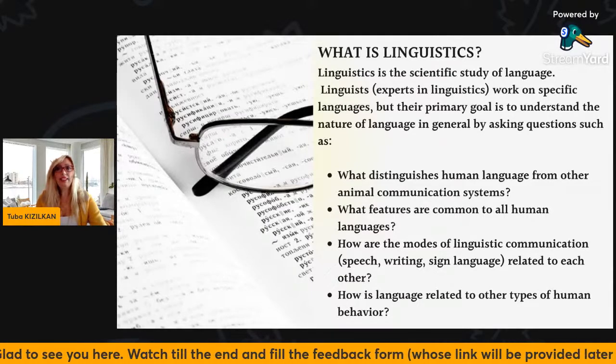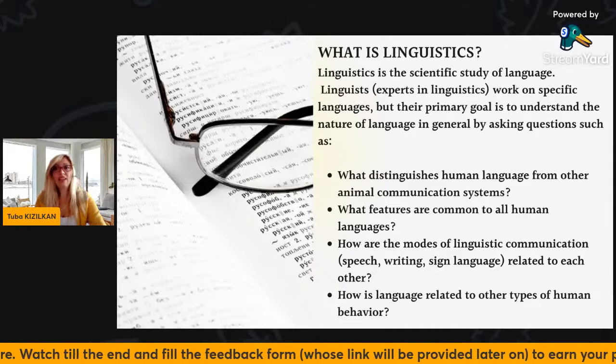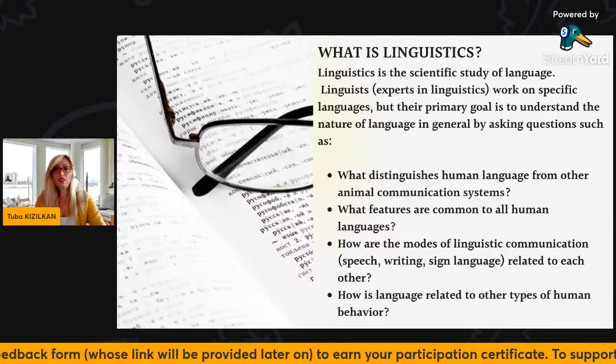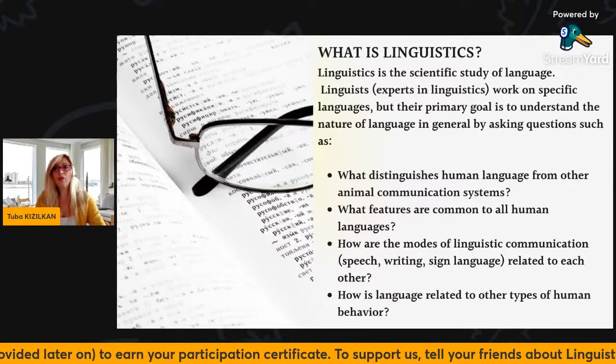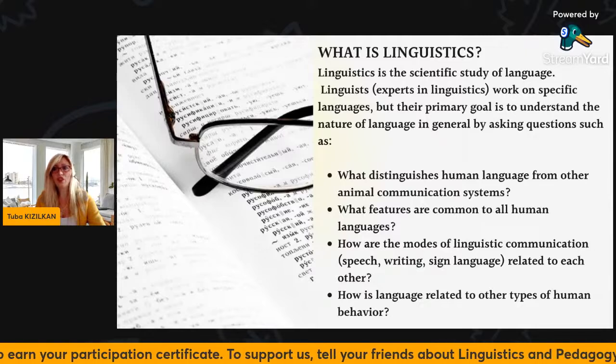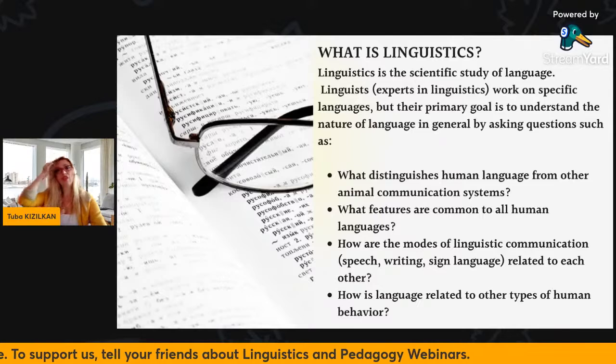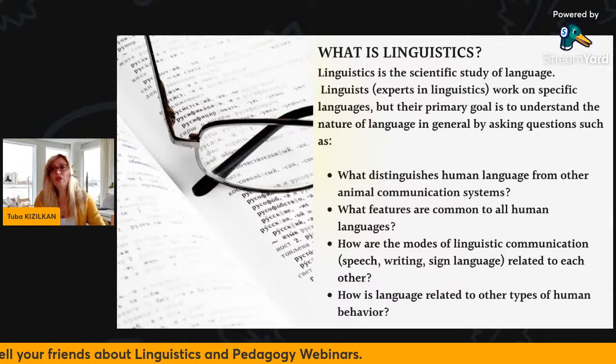We can briefly say that linguistics is the scientific study of language. And linguists, who are experts in linguistics, work on specific languages, but their primary goal is to understand the nature of language in general by asking questions such as these, though the questions are of course not limited to these.